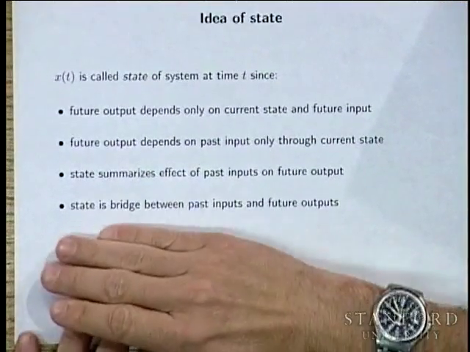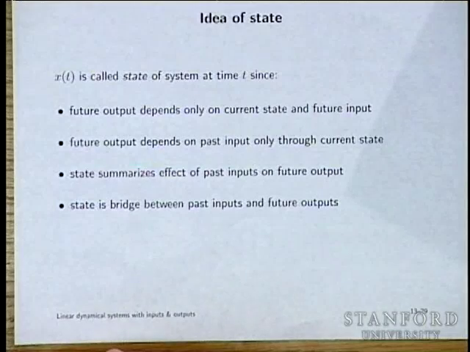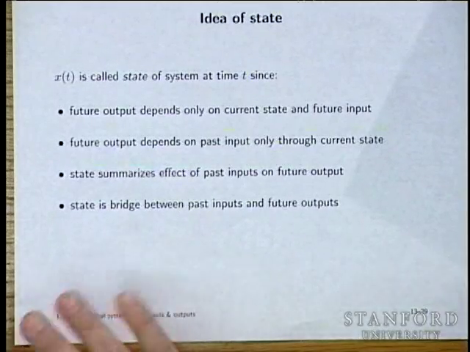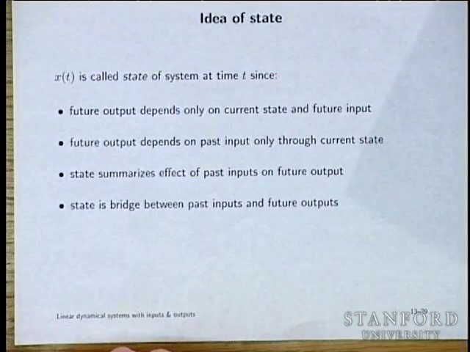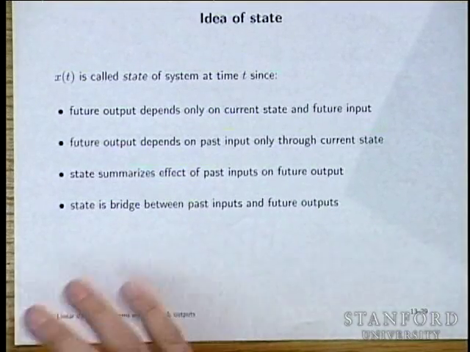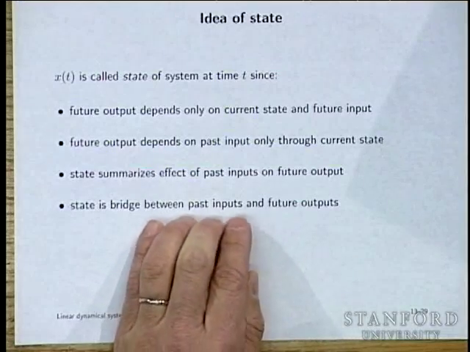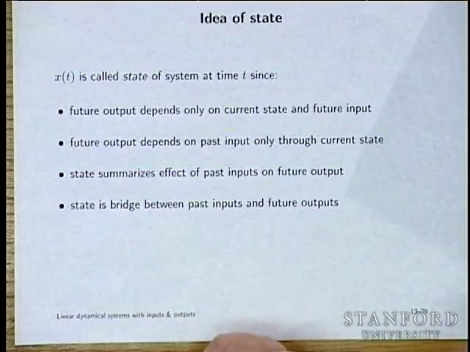Another way to say it is the state is the link or the bridge between the past and the future. In machine learning, you'd say that the past and the future are conditionally independent given the state. Again, if you don't know what I'm talking about, that's fine. These are vague ideas, but that's okay. It's a very useful one to know about.